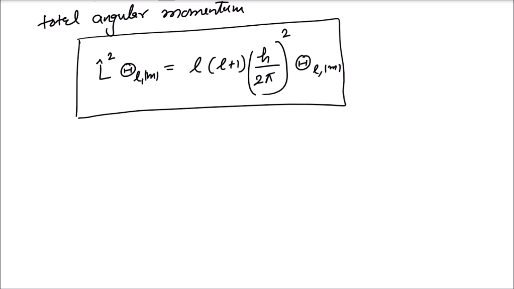Like if we have M equal to 0 and L equal to 0, then P00 of x comes out to be 1 only.